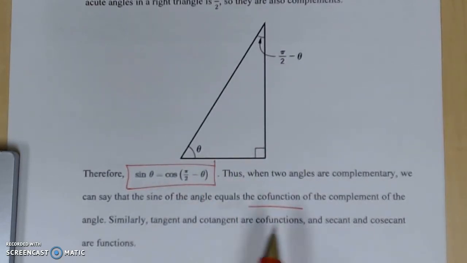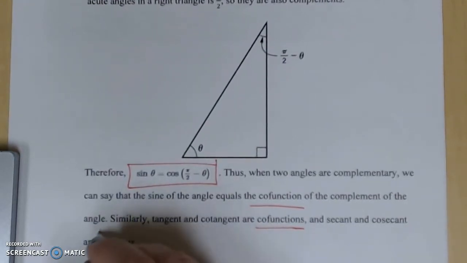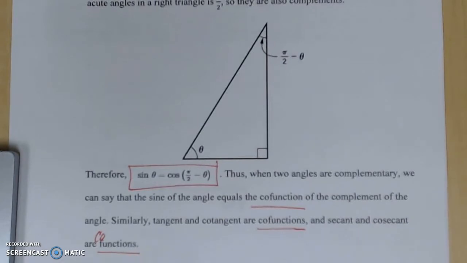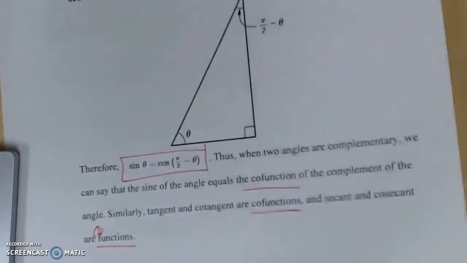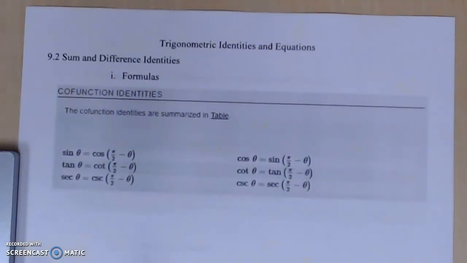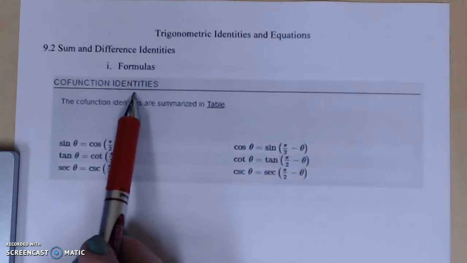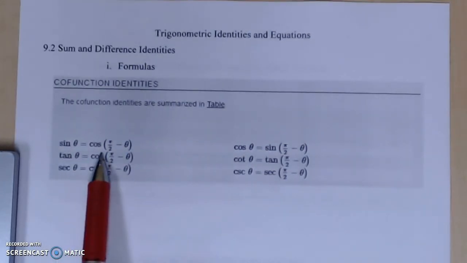Similarly, tangent and cotangent are cofunctions, and secant and cosecant are cofunctions, excuse me. And so what I wanted to do was show you a little bit of this information because as we go into this, you're going to see this idea of cofunction identities. And so I want you to understand a little bit of where they're getting this from. So you see your sine, cosine.